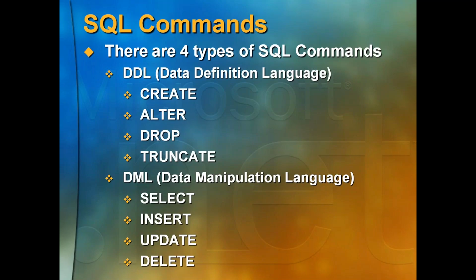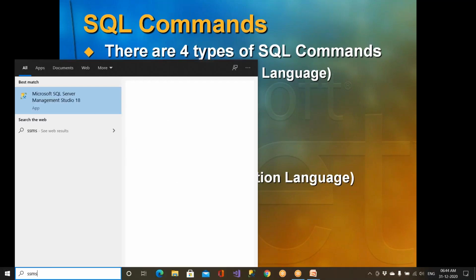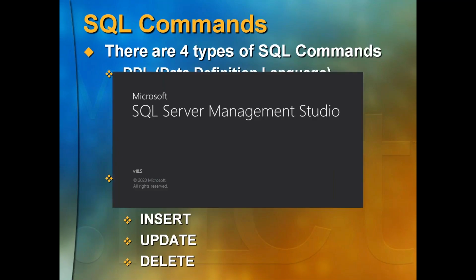And let me open SQL Server. Let me go to Start, SSMS, and choose Microsoft SQL Server Management Studio and click on it. It will open SQL Server Management Studio, called SSMS, and the server name is to be entered, then click on connect.